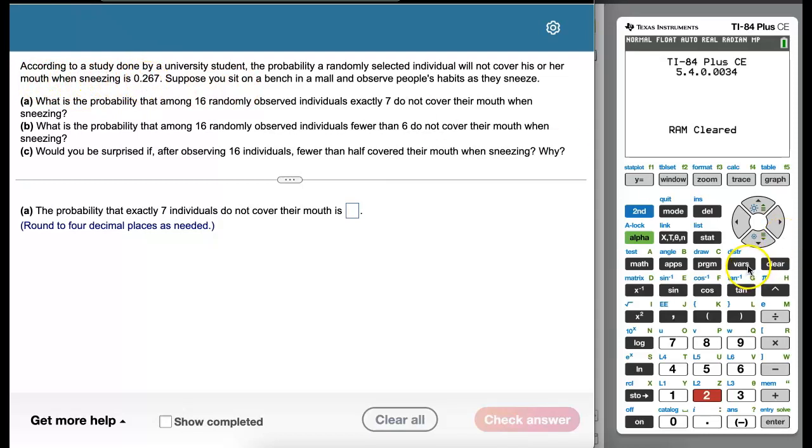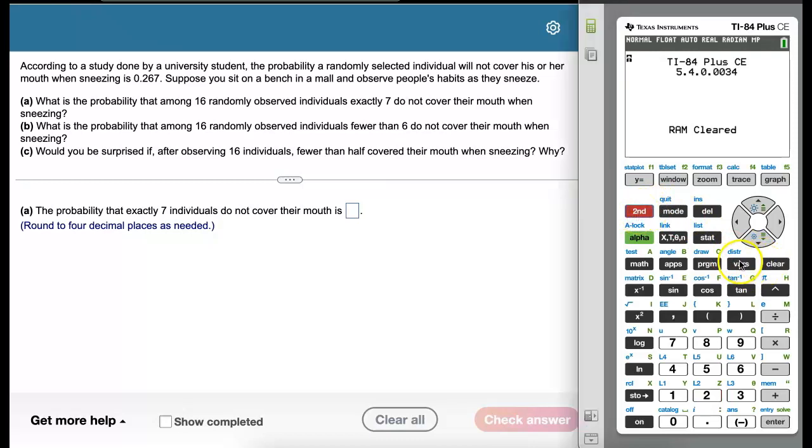0.267. So to find these, the binomial functions inside the calculator, we're going to use second vars, and we're looking for binomial either PDF or CDF. So you do have to scroll down. And what's going to determine the difference between these two is, are we looking at exactly one observation?